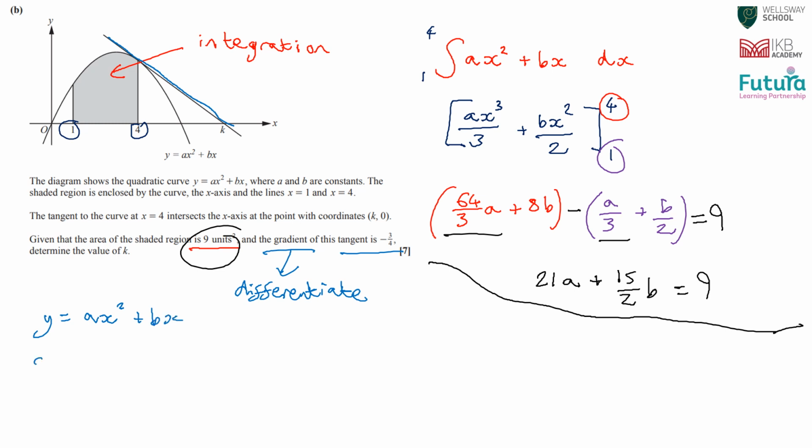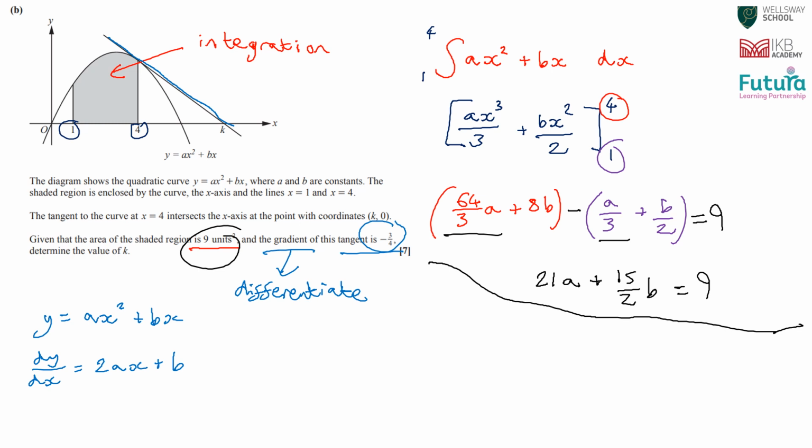When we differentiate that to get your gradient function, we're going to get 2ax plus b. So this is my gradient function. Now in this case, the gradient function is going to be minus 3/4, like this.